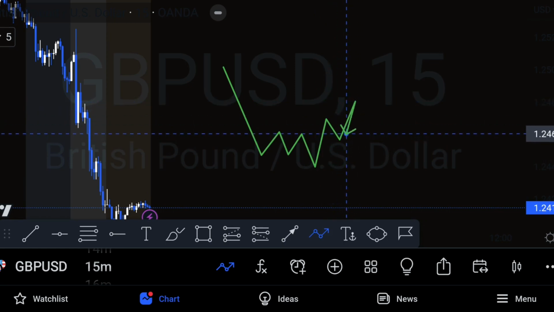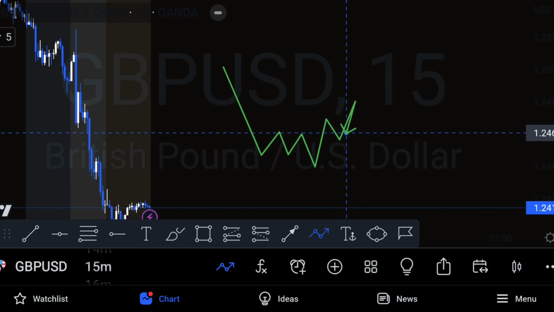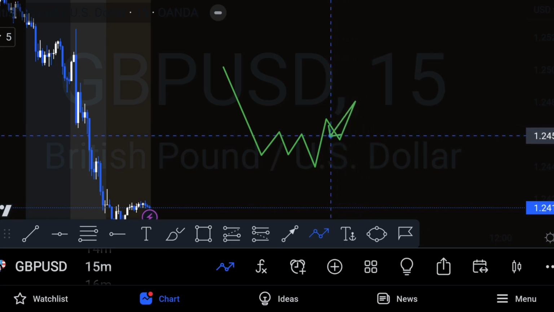This area is the fake supply zone. This zone, in most cases, will get disrespected, and smart money traders will be trapped here, and also supply and demand traders will be trapped here, those that will be buying from here.